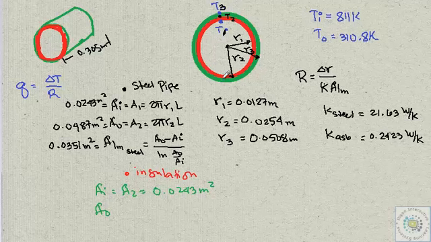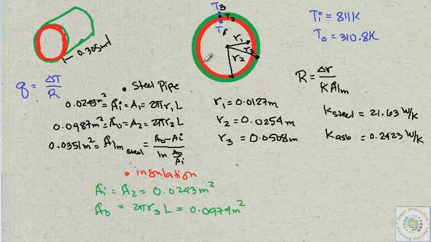It's now with radius R3, and to calculate that, it's simply 2 pi times R3 times L. R3 is 0.0508, L is 0.305. You do the math, and that will be equal to 0.0974 square meter. So that's the outer area.